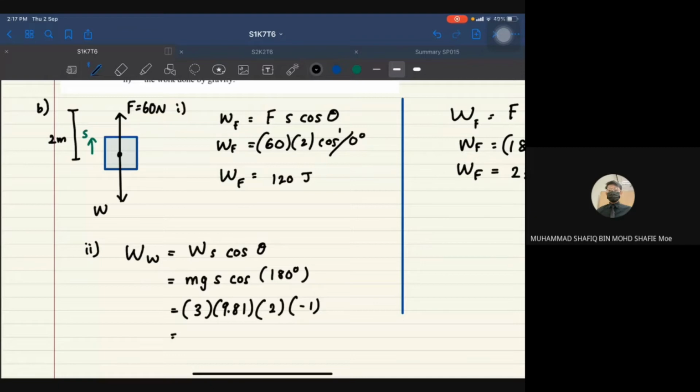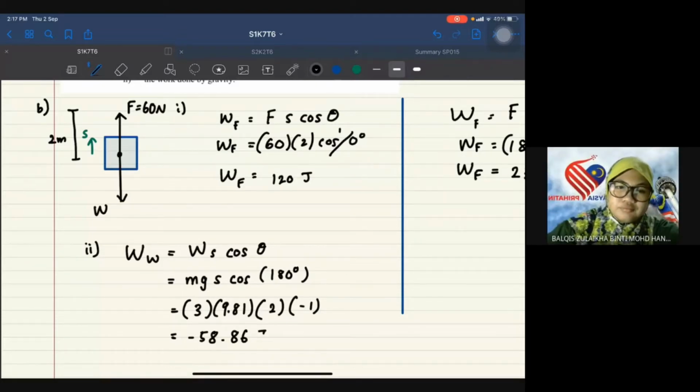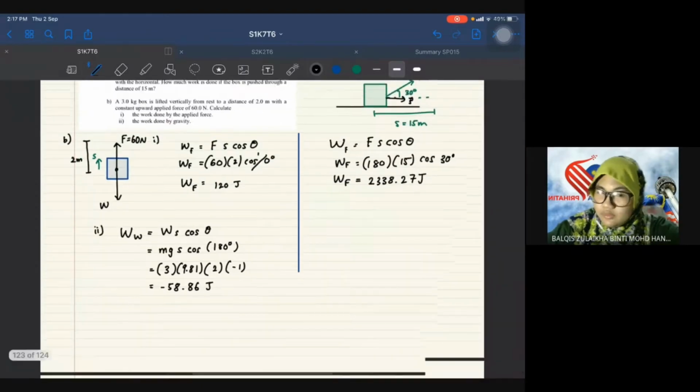So you get minus 58.86. Is it correct? Yes. Good, so that's question 6.